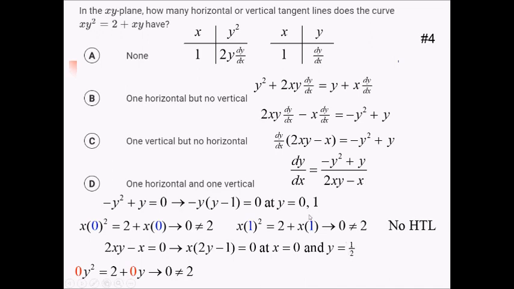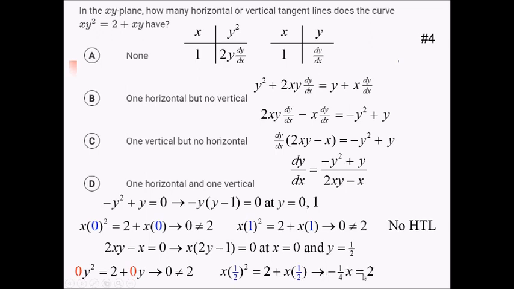Let's try this out. So I've got x times 1/2 squared equals 2 plus x times 1/2. This is really 1/4 x on the left, and if I subtract the 1/2 x that's on the right, 1/4 x minus 1/2 x, well, that's really like 1/4 minus 2/4. That's negative 1/4 x on the left side.